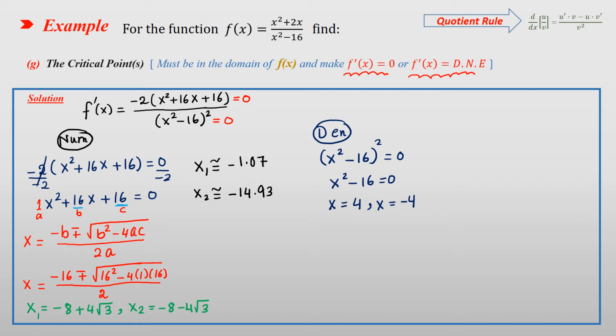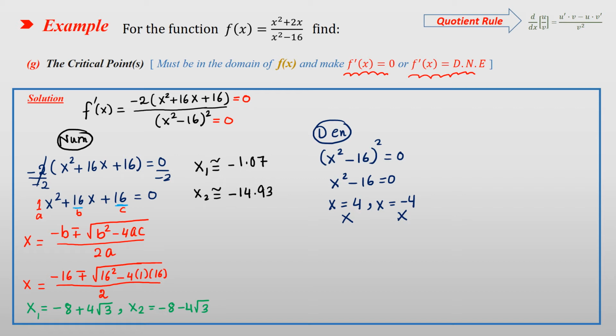Now from part A, the domain of this function is all real numbers except x equals negative 4 and 4, and so x equals 4 and negative 4 are not critical numbers.